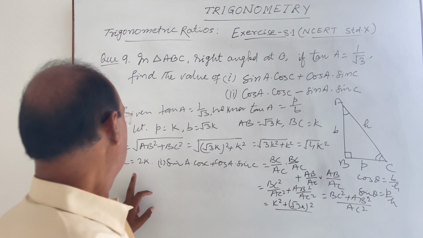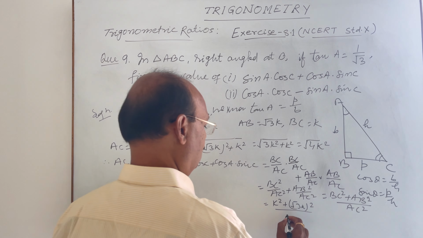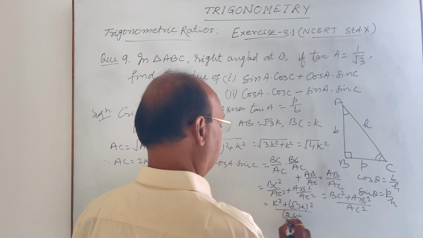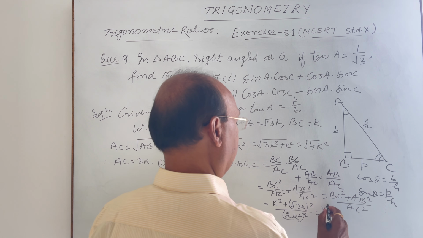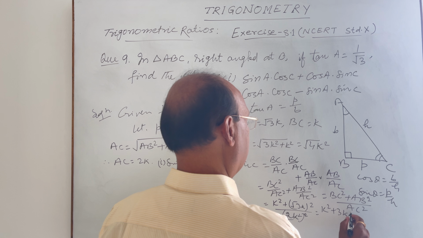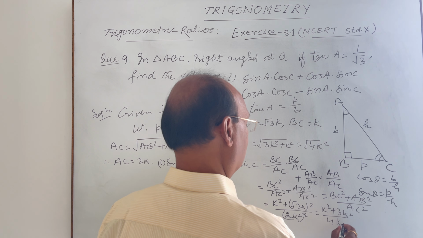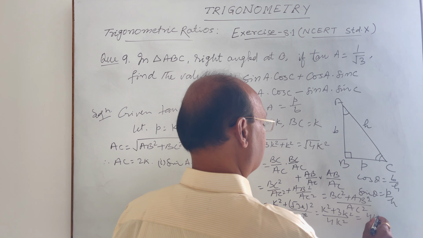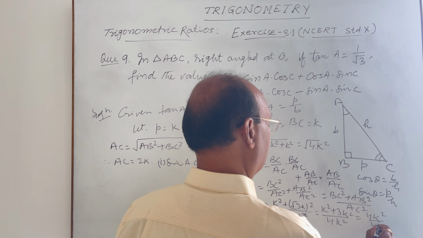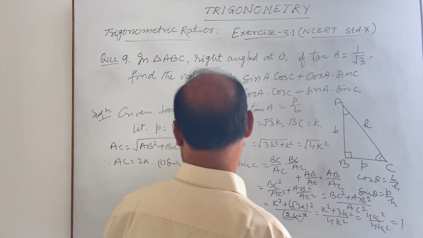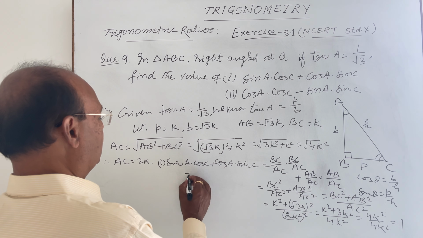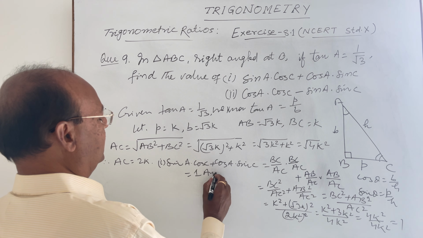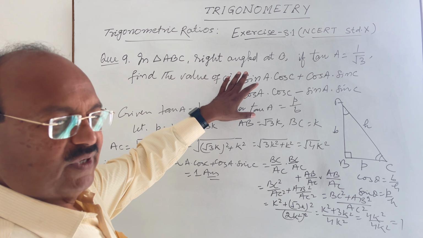AC is how much? AC is 2K, so 2K whole square. Correct? And this is K square plus 3K square divided by 4K square. So this is 4K square by 4K square, which is equal to 1. This is the answer of the first part.